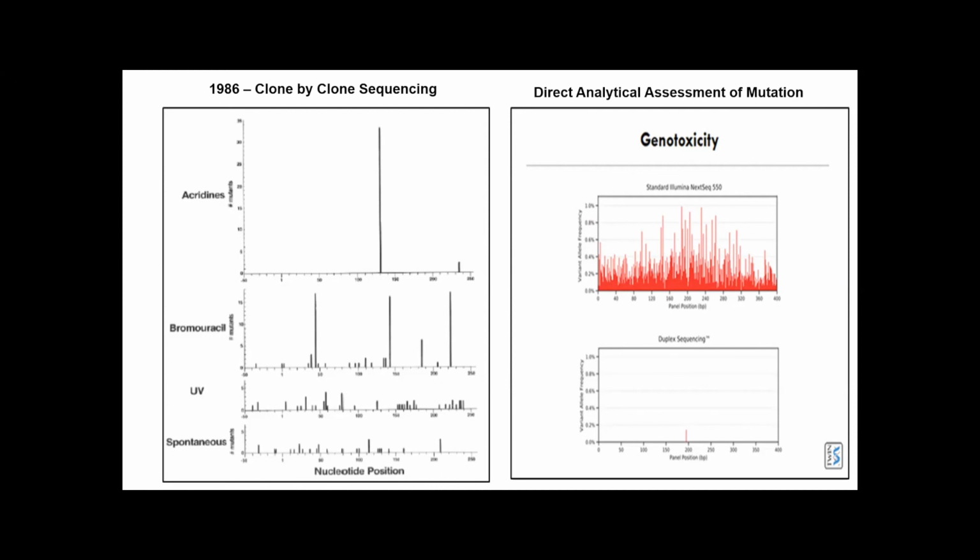And this is all DNA sequencing, done clone by clone, one at a time with mutations. My lab at CIT did this for a long time, working with a number of compounds. And nowadays, 2020, it's over here. You can do direct analytical assessment of mutation using next-gen sequencing.